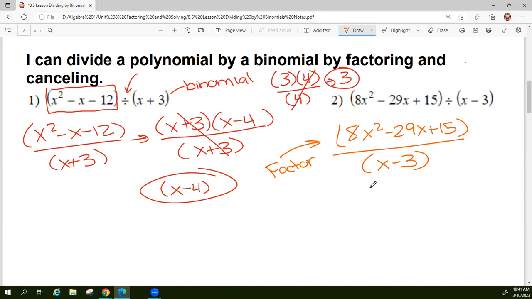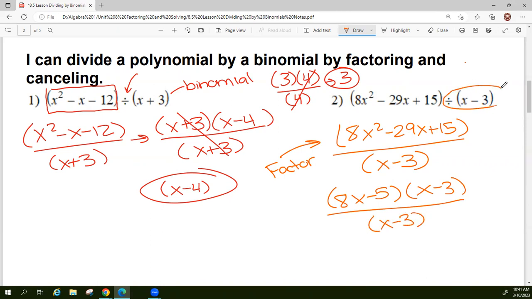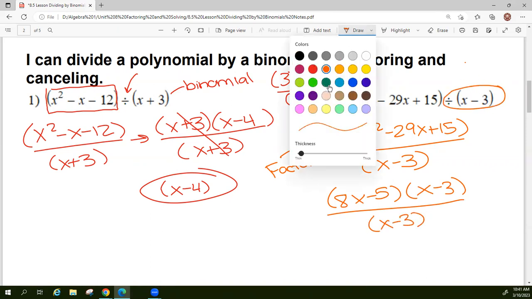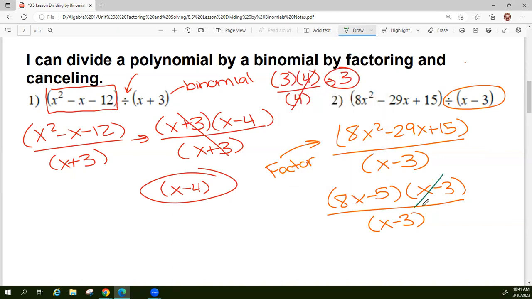But when we factor this polynomial on top, we get 8x minus 5 times x minus 3. And on the bottom, we have x minus 3. That's what we're dividing by. And so we can cancel that x minus 3 on the top and the bottom. Those are gone now. We're left with 8x minus 5, and that is as simple as it gets.